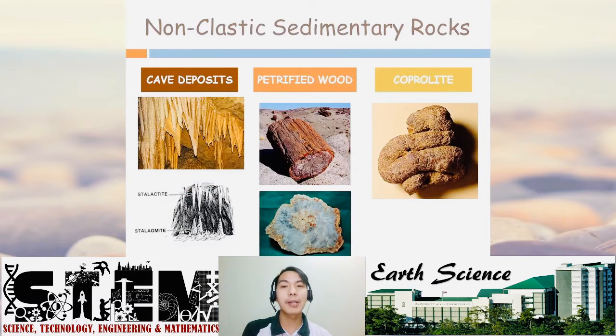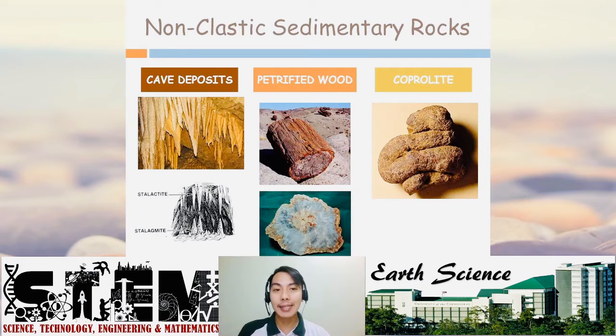Other examples of non-clastic sedimentary rocks: we have cave deposits. These are formed from accumulation of minerals or particles on the ceiling of the cave or on the ground of the cave. You are well aware of these terms, stalactites and stalagmites.